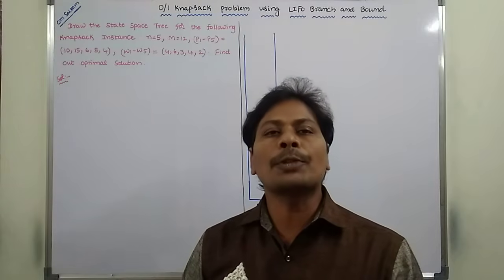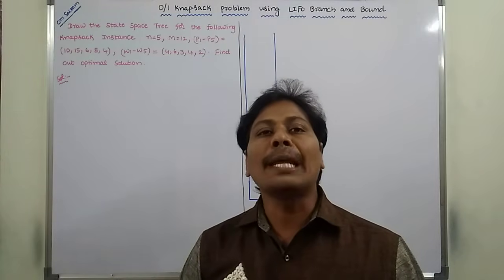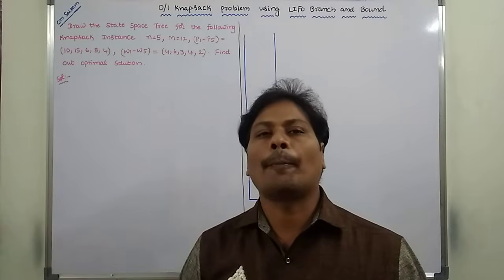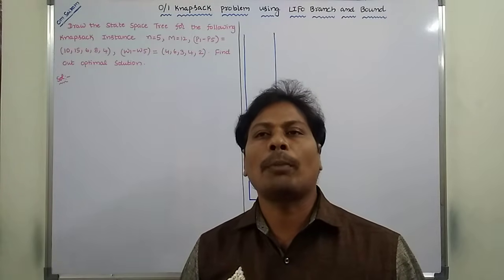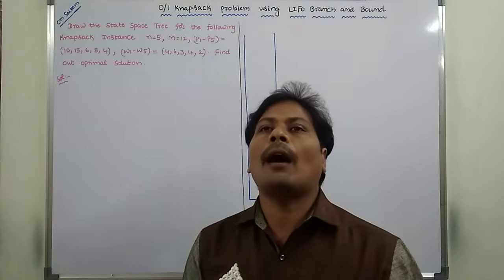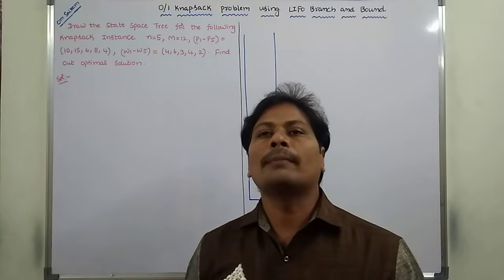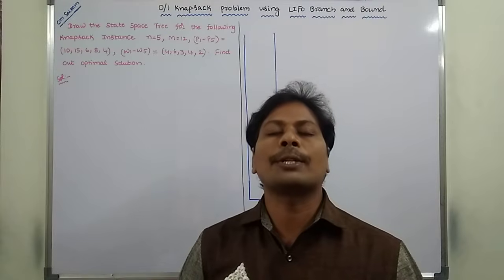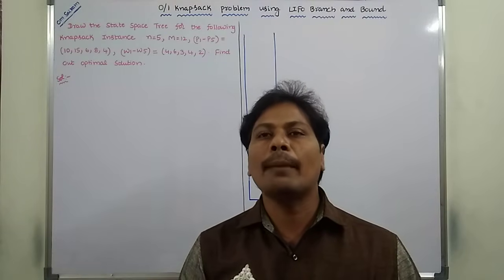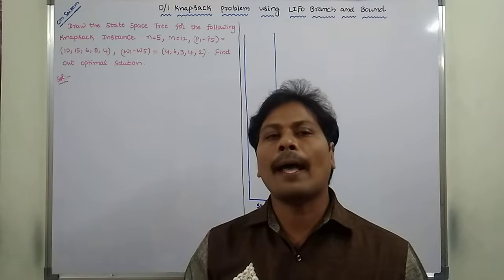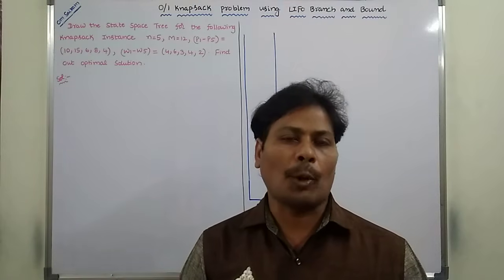Then the problem becomes a minimization problem. After solving the given problem, we put the positive sign in place of the negative sign. Then the minimization problem becomes the maximization problem.